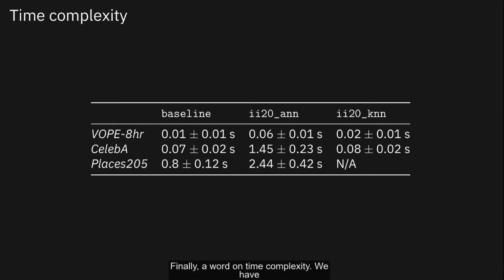Finally, a word on time complexity. We have averaged the interaction round times across all datasets. This dataset is roughly 10K images. Celeba is roughly 200K images, and Places 205 is a large 2.5 million images dataset.